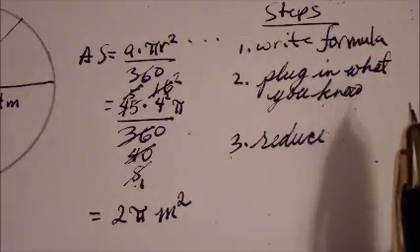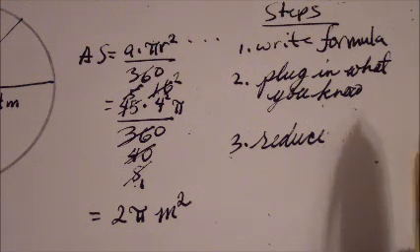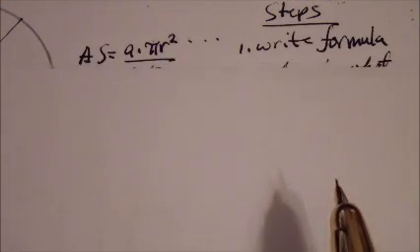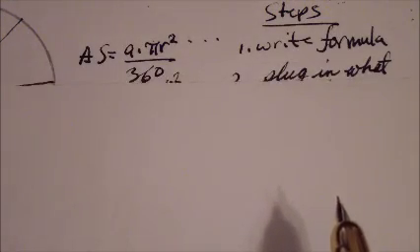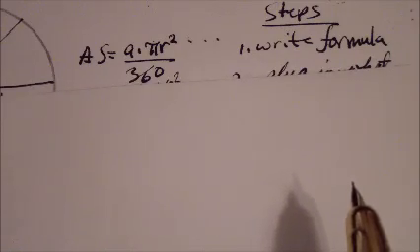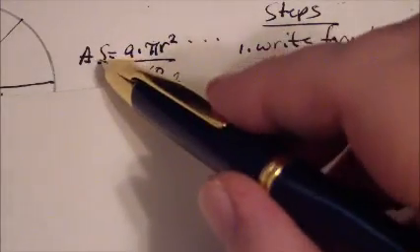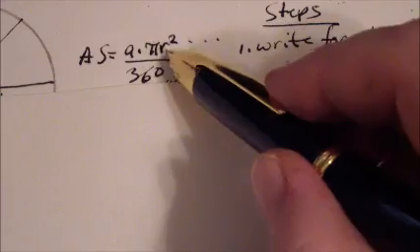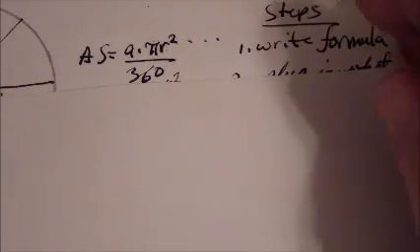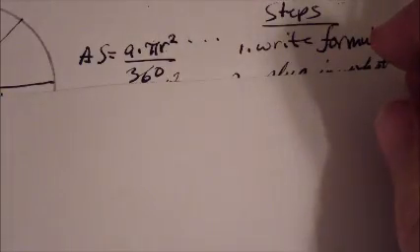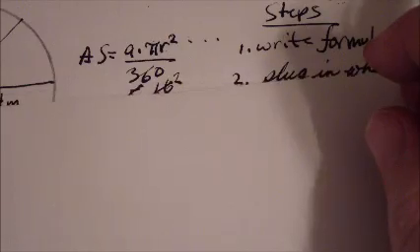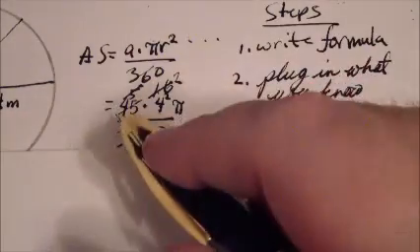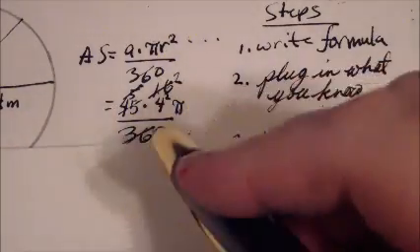So let's just run through this one more time. First thing what we want to do is just rewrite the formula. Area of a sector is equal to A times pi r squared divided by 360. Once we've written down our formula, it's important that we plug all the values in. We had 45, 4, and 360.